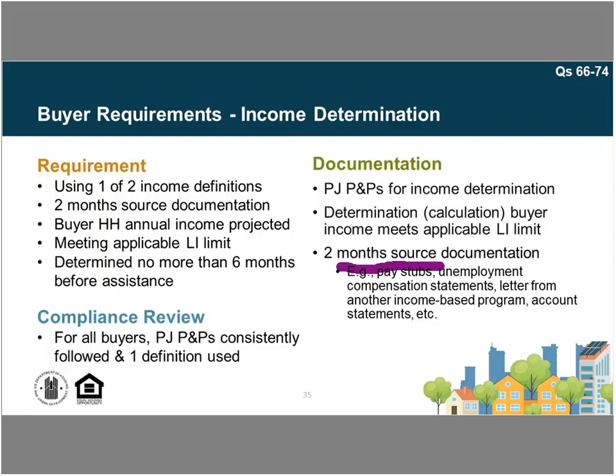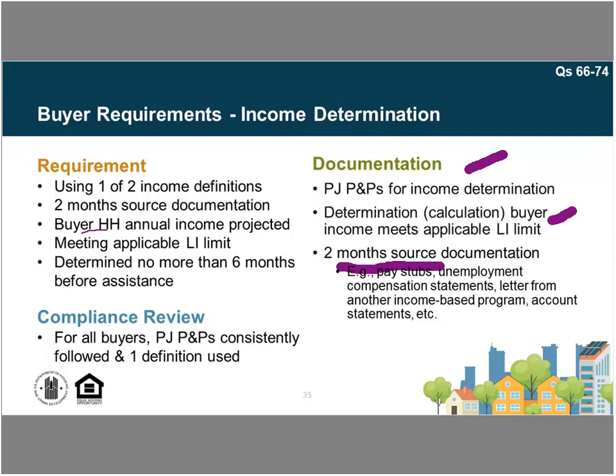You need to have in your policies and procedures which of those two definitions of income the PJ decided to undertake, and that you actually did the calculations, compared it to the income limits, and decided that that household is actually income qualified. And I do want to point out that we are talking about household income, not just the owner, but the whole household.